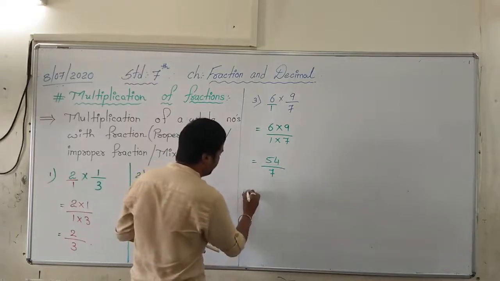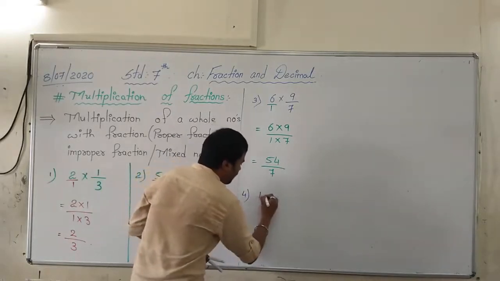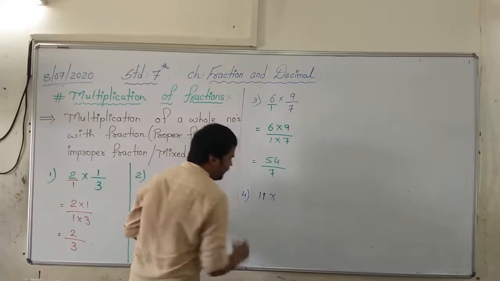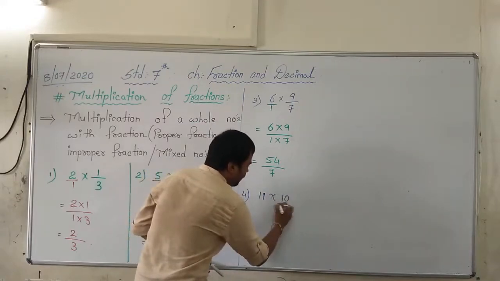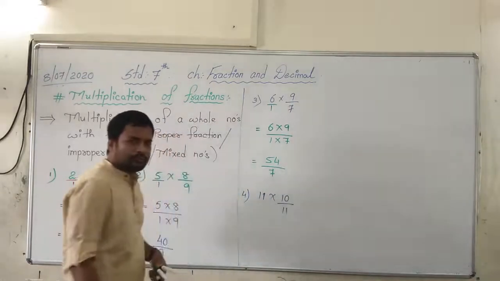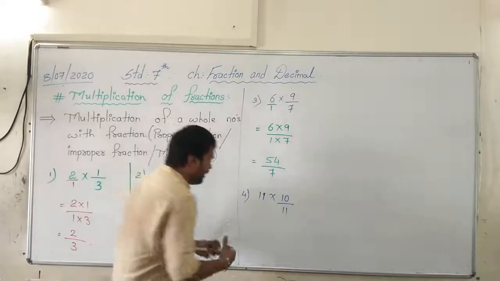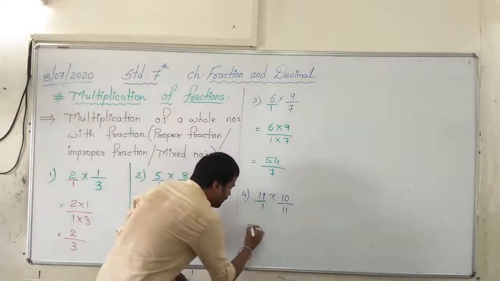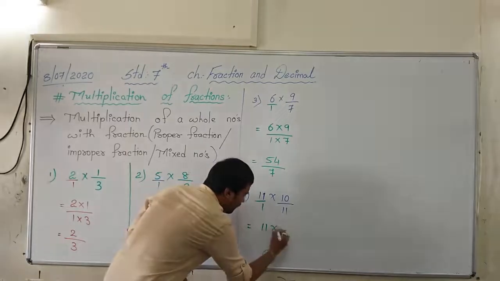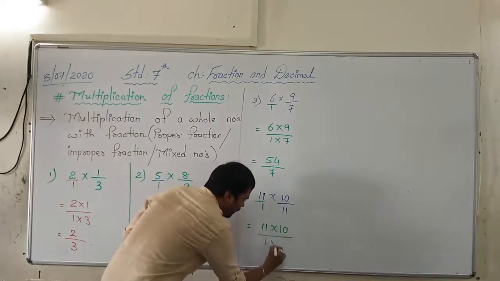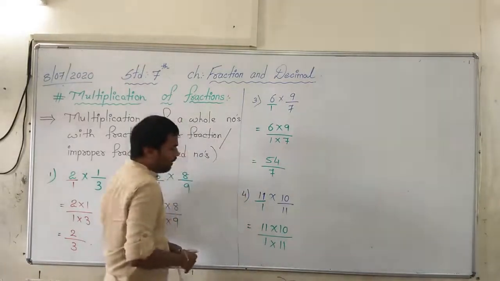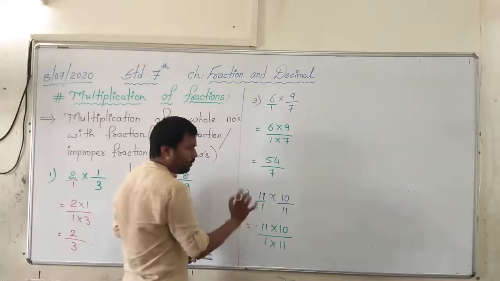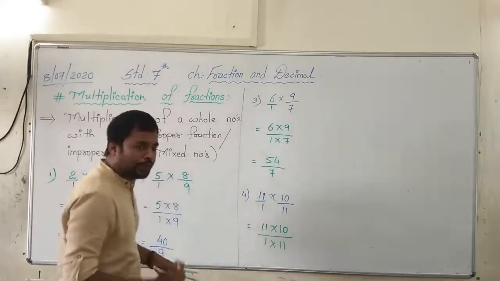Next example, fourth one. If I consider 11 multiplied by 10 upon 11. Again you can take the whole number upon 1, so it is 11 upon 1 multiplied by 10 upon 11. Since we are dividing, we can cancel out whatever is common.